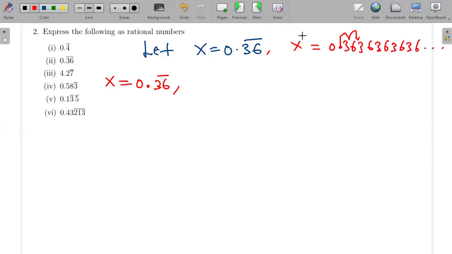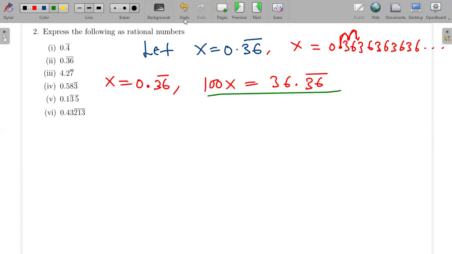If I multiply this side by 100, I get 100x equals, and the point will move two places, so I just have 36.36, and the 36 continues to repeat, so I indicate it with a bar. The next thing is to subtract these two: the bigger number minus the smaller number.